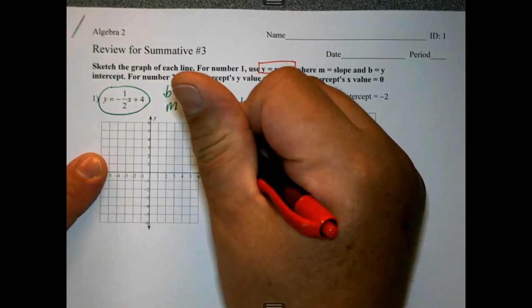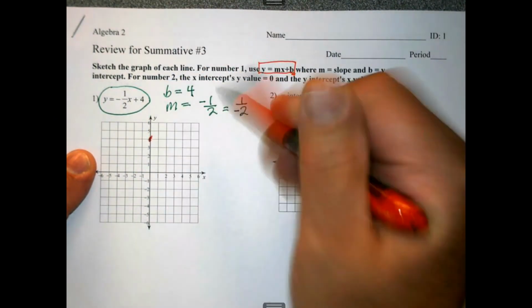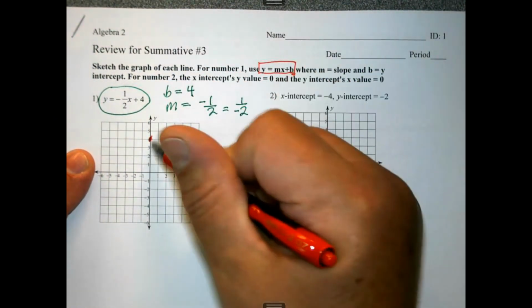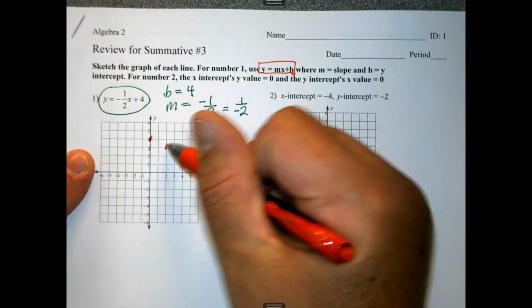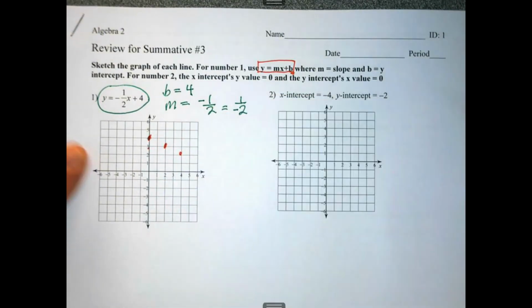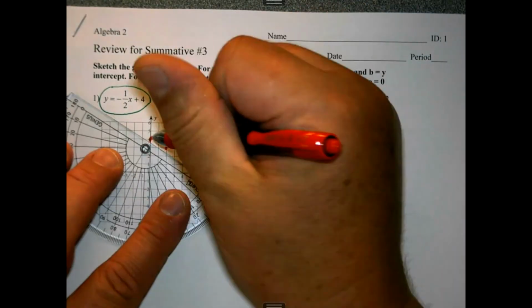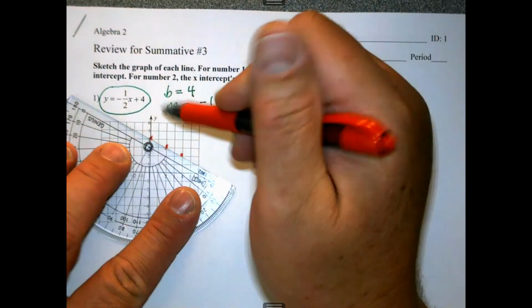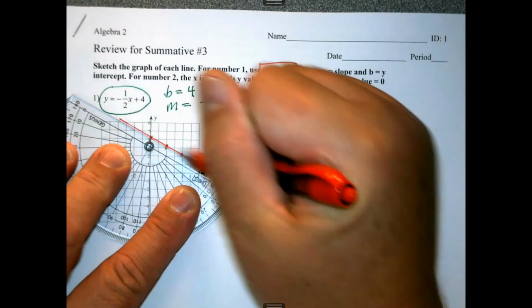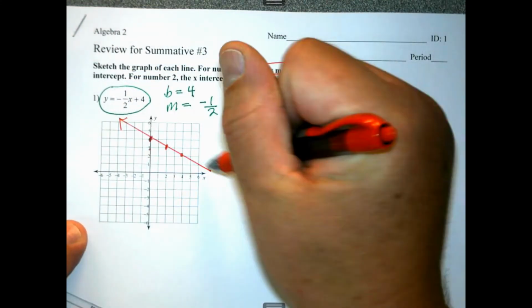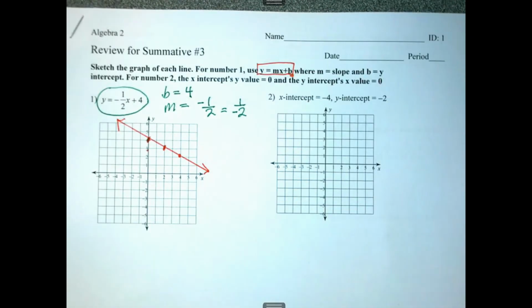Plot my y-intercept, which is 4. I'm going to use negative 1 to the right 2, negative 1 to the right 2. Got 3 points. If you got yourself a straight edge, that's the best thing to use. Otherwise, you're going to have to plot a lot of points and do it. There's my line.